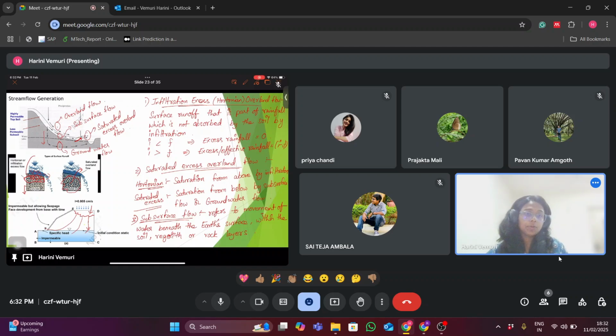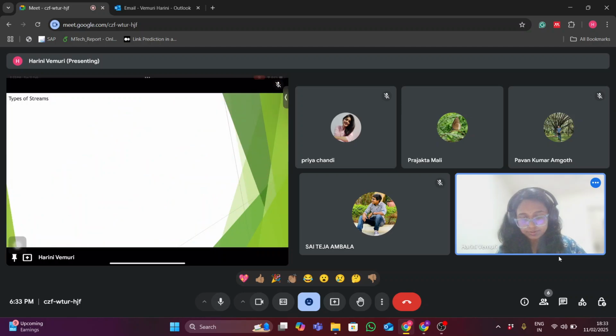The contribution to the stream flow is negligible, and it occurs in both saturated and unsaturated areas. So here you can see that this area is saturated but this is unsaturated. But due to difference in head, the water will flow in these directions. So there is flow in both saturated as well as unsaturated regions.